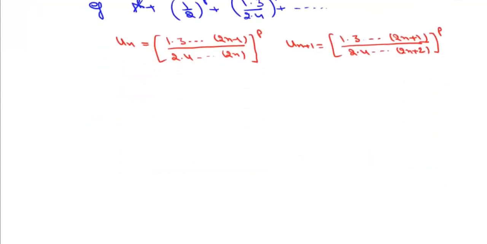Now first we'll use the ratio test, and for this we'll write un upon un plus 1, and we divide everything.